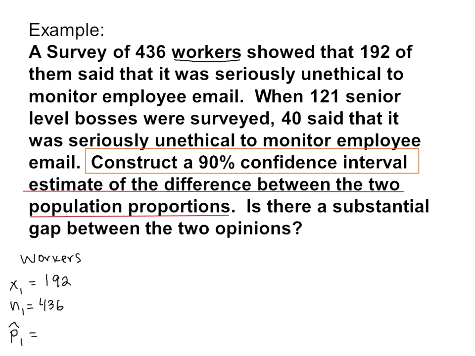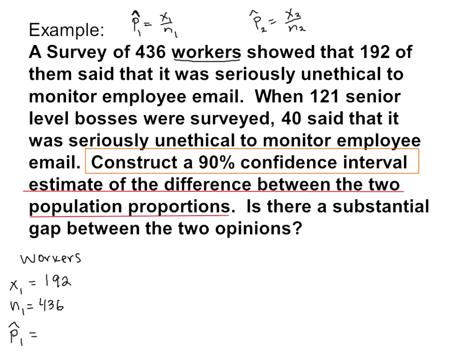Now, I can come up with the p hat from x and n. Remember that the definition for p hat was x over n. Now we have two groups here, so you're going to have to tell me which group it's coming from, the first group or the second group. So you just have to put a little 1 or a 2.